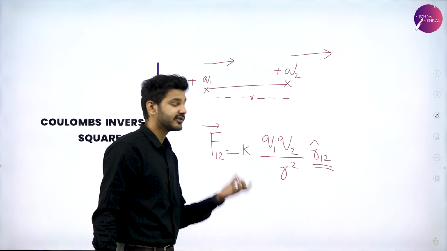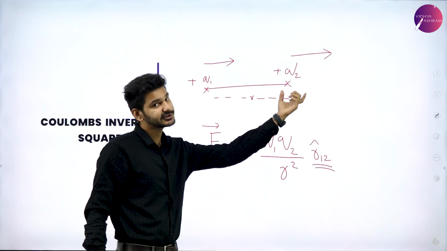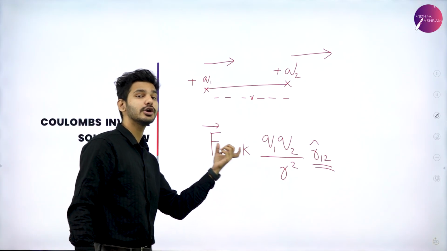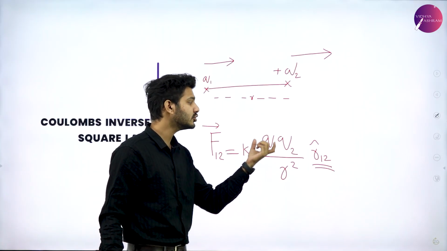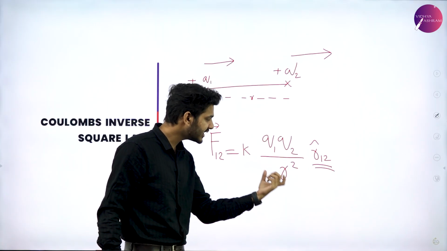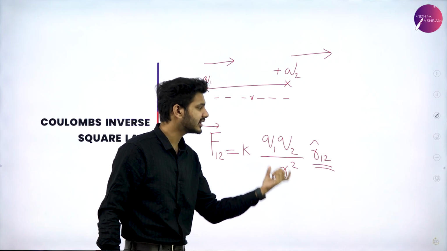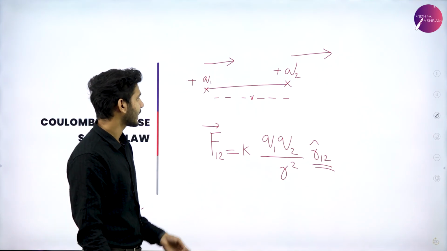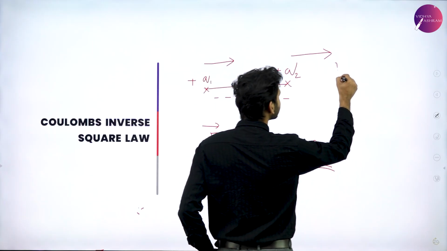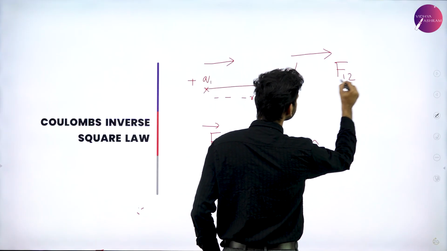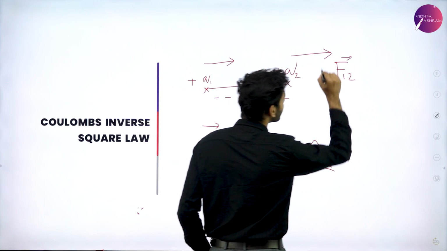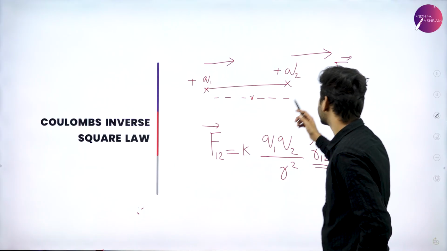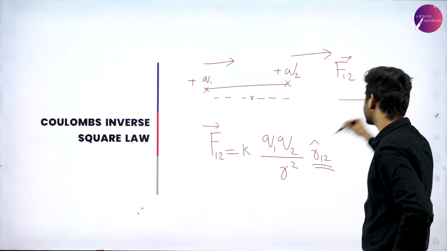So we can say that the force experienced by the charged particle Q2 due to Q1 is given by F12 equals K into Q1 Q2 divided by the square of the distance between them, and the direction is given by the unit vector. So we know the direction of the force F12 is in the direction of R, which is in this direction.